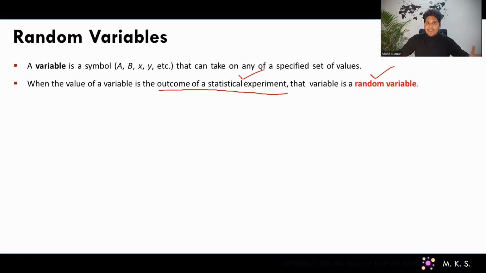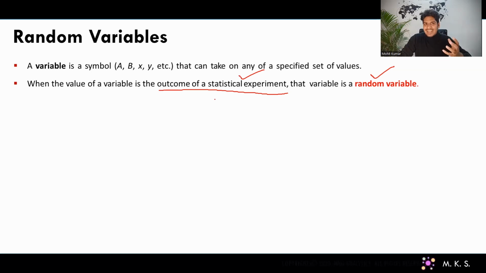That percentage can vary from 0 to 100%, 200%, any value, right? So that's why it's also a statistical experiment. Throw a dice, that's also a statistical experiment, because the outcome is not fixed. So for any statistical experiment, the output of that experiment you are storing in a variable. That variable we call a random variable in terms of statistics. Right, guys? I hope this definition is clear.